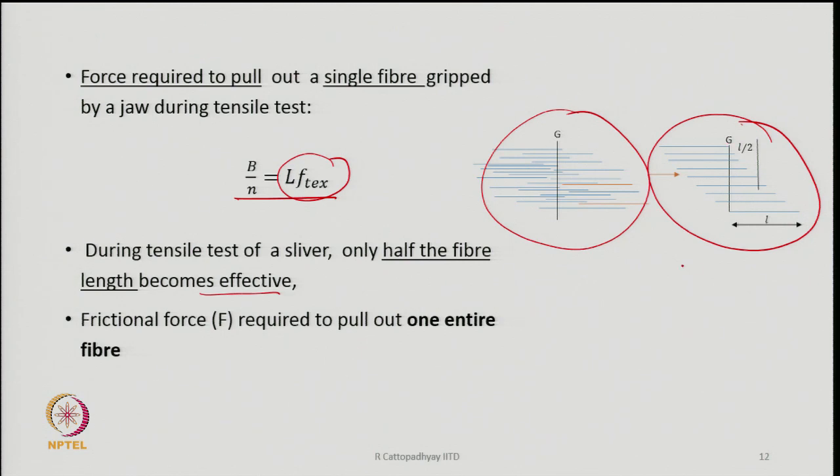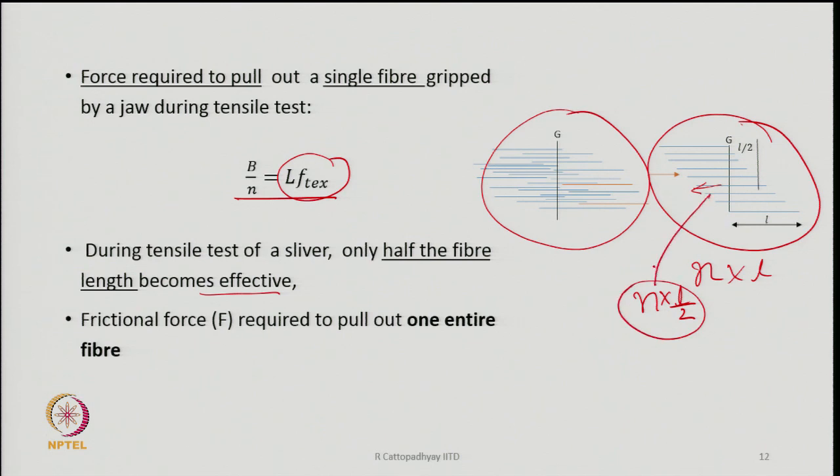If the number of fibers is n, that does not change, but if each fiber length is small l, the total length of fiber is n into L, but the fibers on this side are actually n into L by 2, and on the other side also similarly n into L by 2.